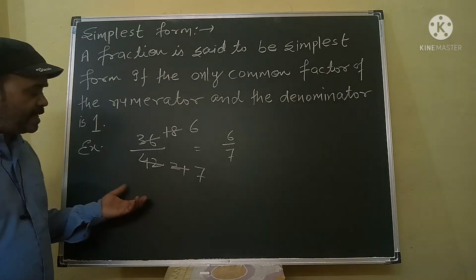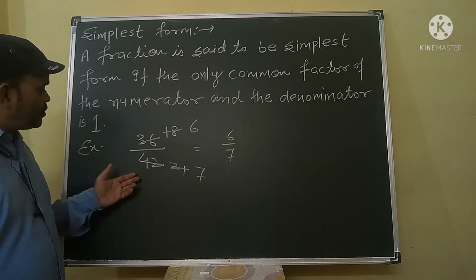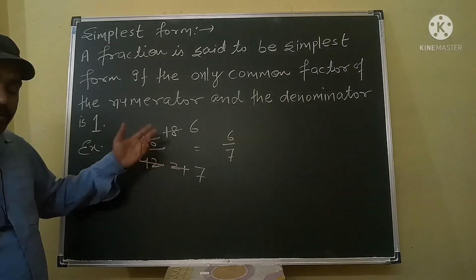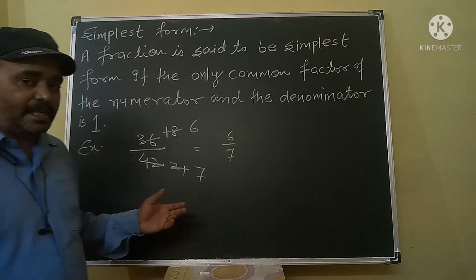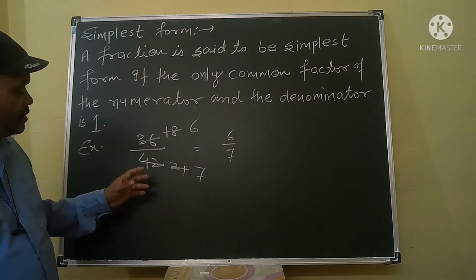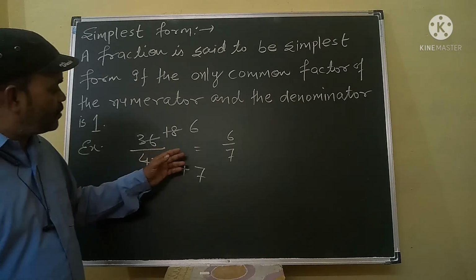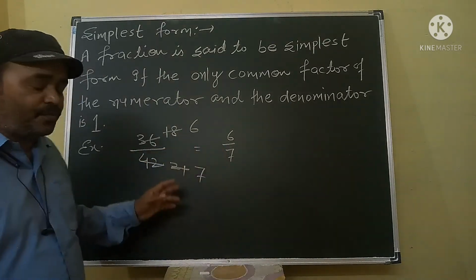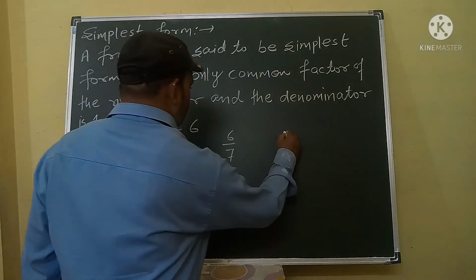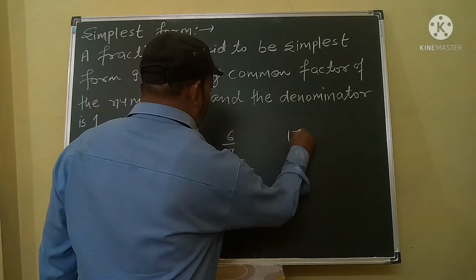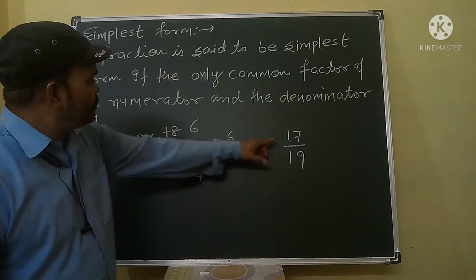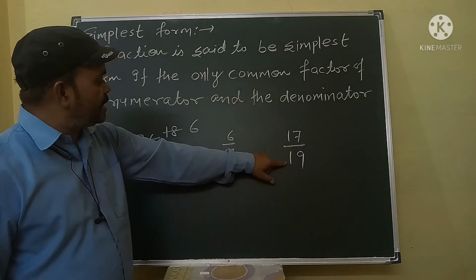Kindly keep in mind, it is not necessary that we can find out the simplest form of every fraction. For example, suppose this is 17 and this is 19.